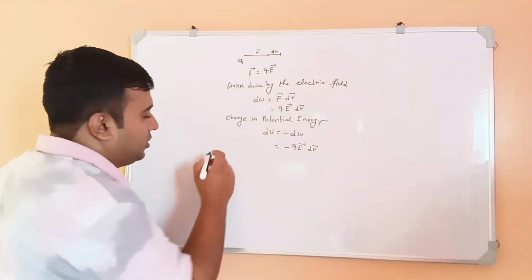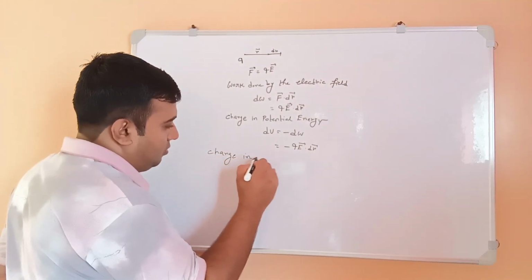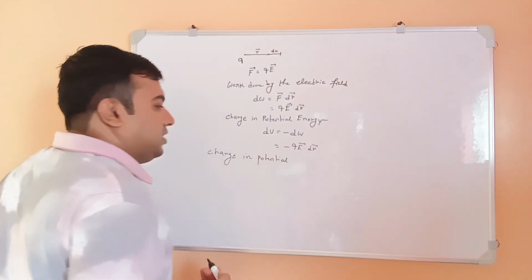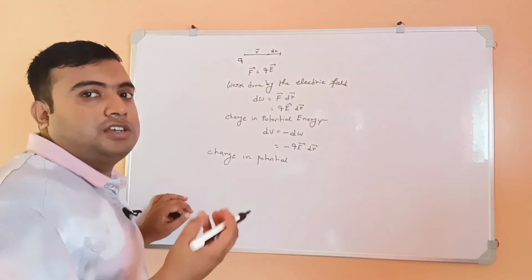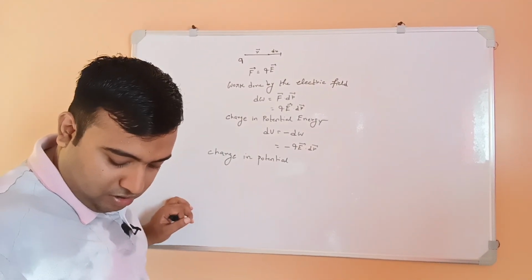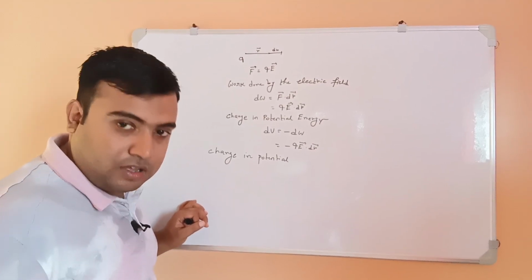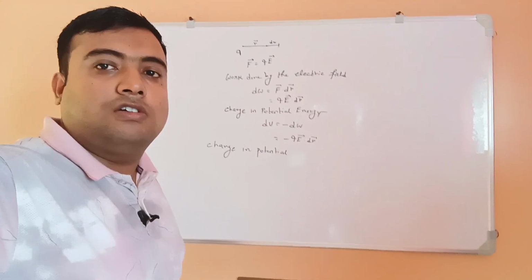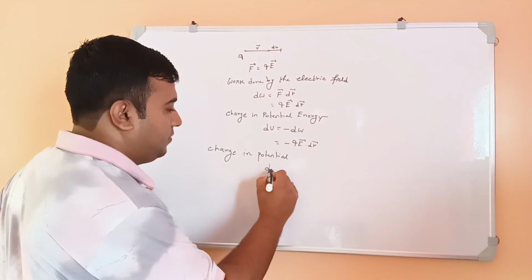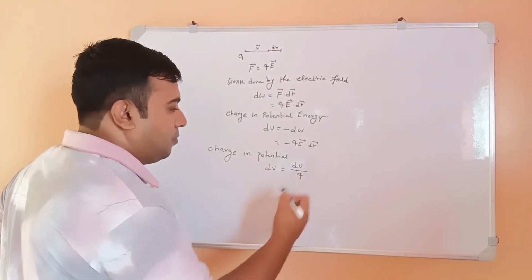So we have seen earlier that the potential is nothing but the change in potential energy for unit test charge. So change in potential dV is equal to dU by q.